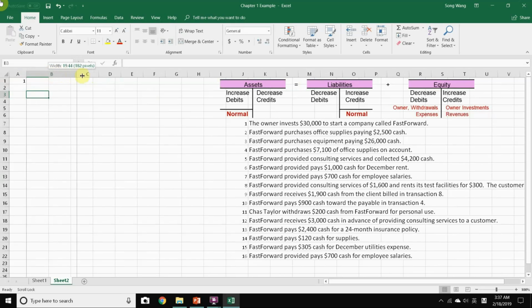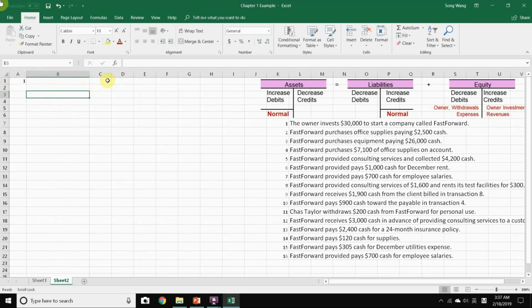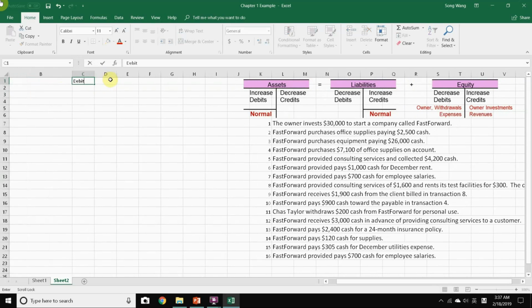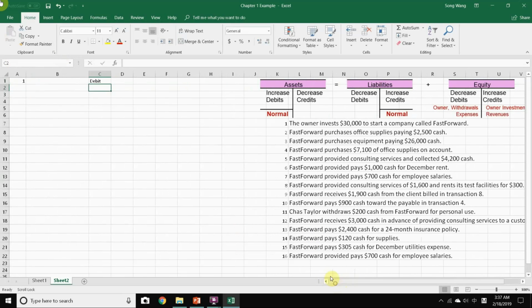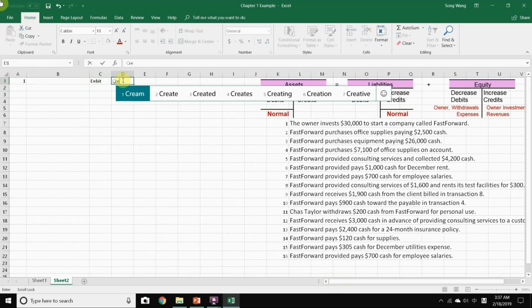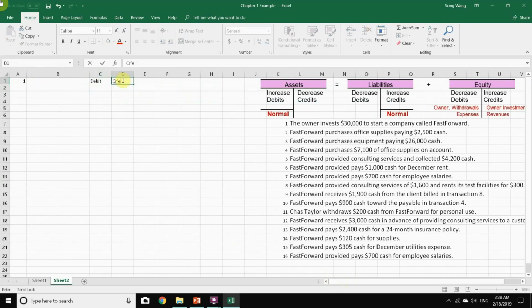So I'm going to make this a little bit larger, and then right here I will show debit, and right here I will show credit.